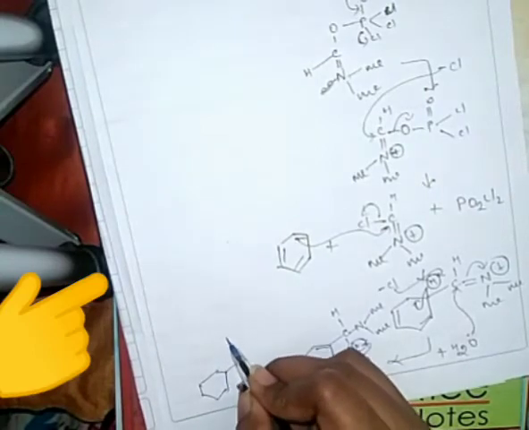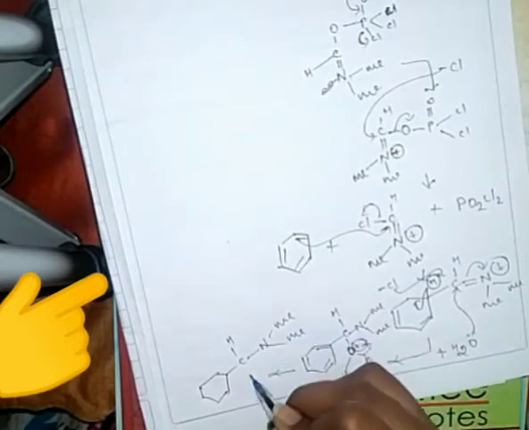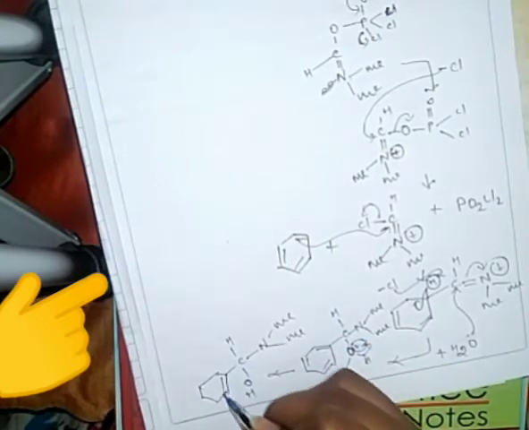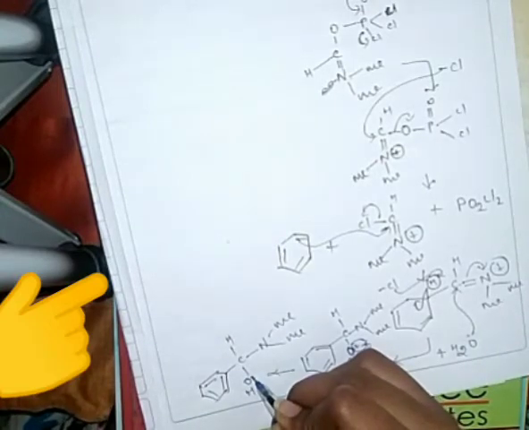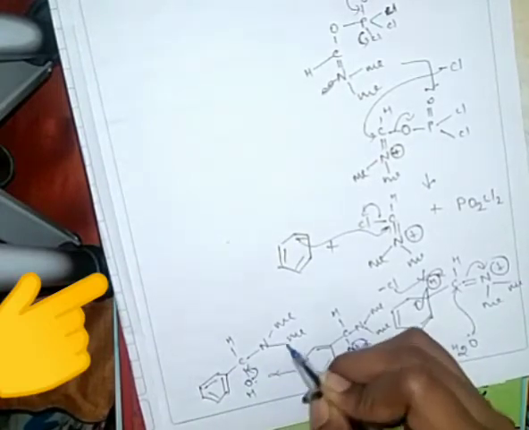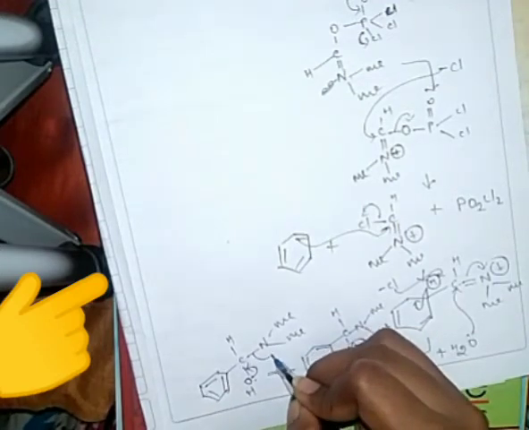We get benzene, carbon, hydrogen, nitrogen, Me Me OH, and this is the next step. This lone pair of electrons attacks on that bond or that position, and this is removed from there.